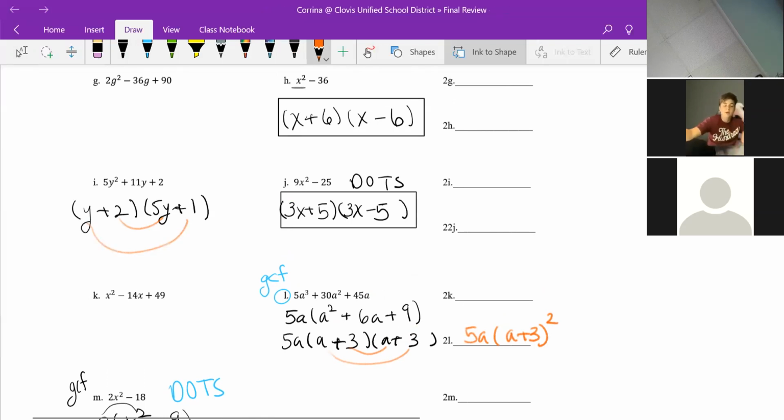I found the factors of 2 and the factors of 5. Right here, you put y times 5y. Why did you put that there? 1 and 5 are the factors of 5.